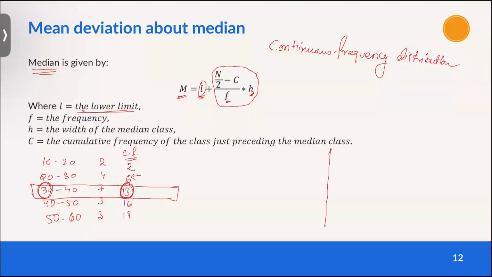If you plot the cumulative frequency here and the distribution 10, 20, or you can do the opposite also, you can plot the cumulative frequency here and the distribution there. That doesn't matter. 30, 40, 50 and 60.